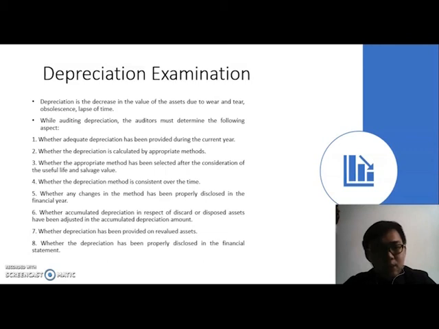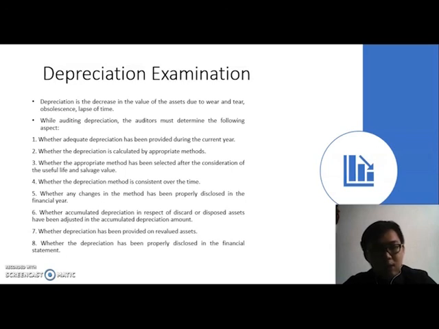The third is whether the appropriate method has been selected after the consideration of the useful life and salvage value. The fourth is whether the depreciation method is consistent over time. The fifth is whether any changes in the method have been properly disclosed in the financial year.